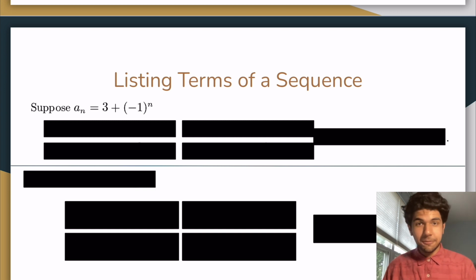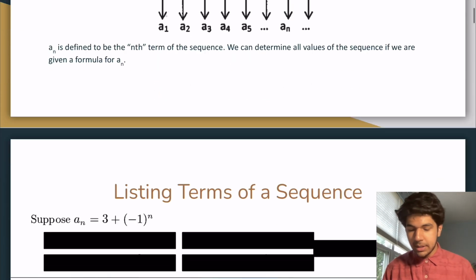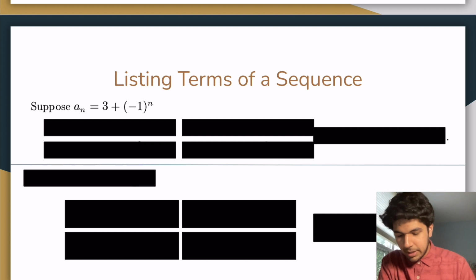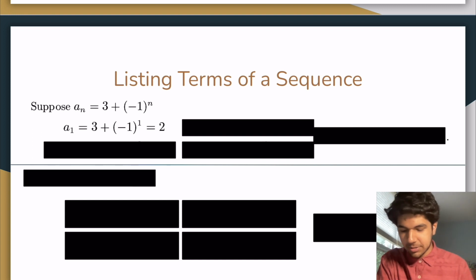So what would the first term of this sequence be? Well, for the first term, we would want n to equal 1. Remember before, we let the first term of our sequence be denoted a sub 1. So same thing here, we want to compute a sub 1. Where we see the letter n, we'll put a 1, and we get 3 plus negative 1 to the power of 1, which is equal to 2. That's the first term of our sequence.